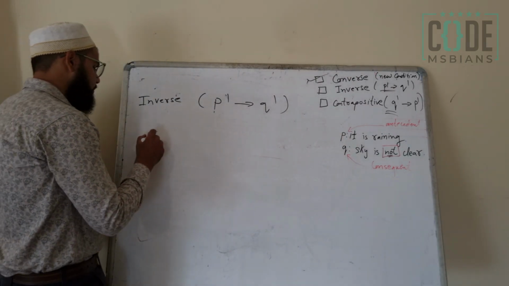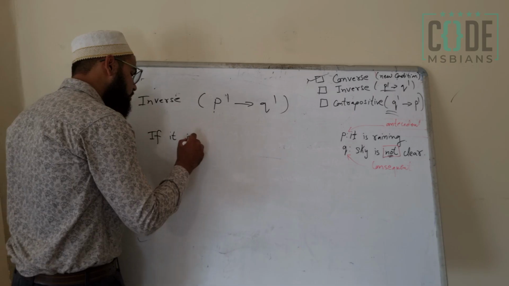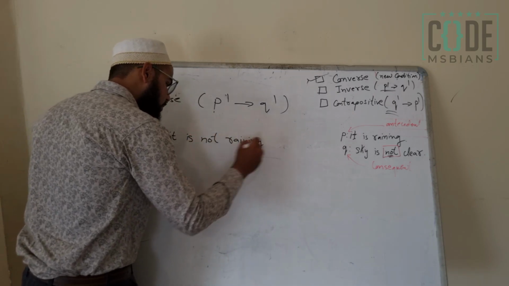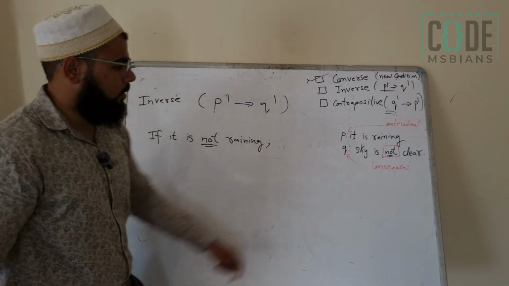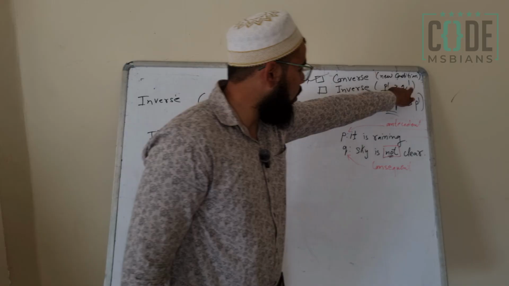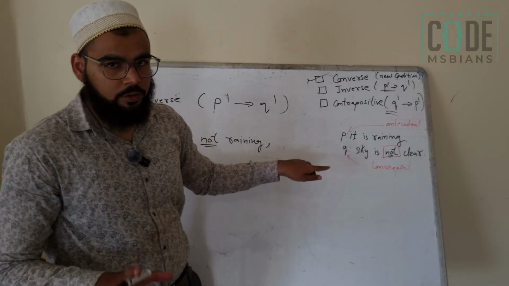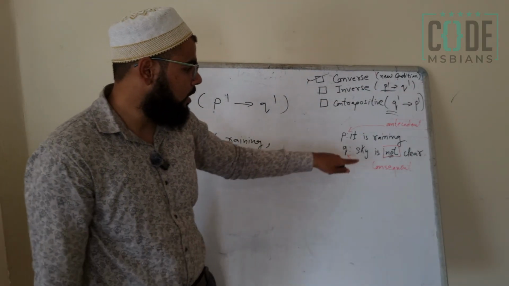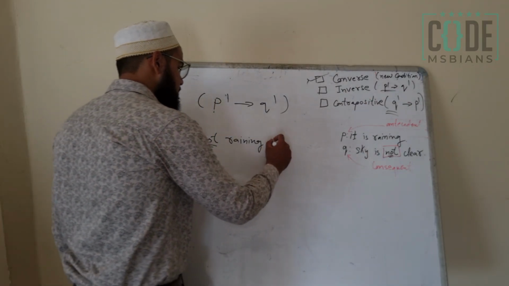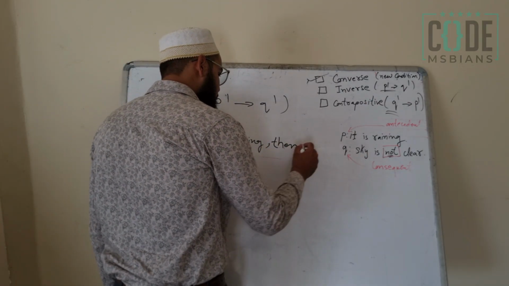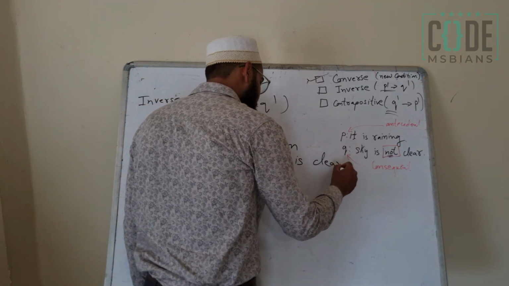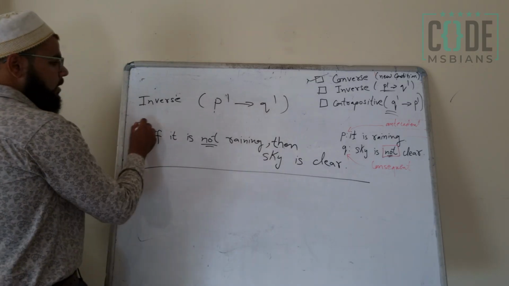So if it is not raining, now the beautiful part: not is there, I told you. Since it is Q complement, we can't use this not in the sentence, we have to reverse it. The reverse of sky is not clear is sky is clear. Then sky is clear.